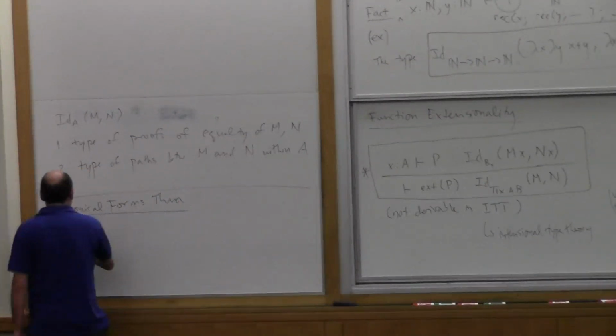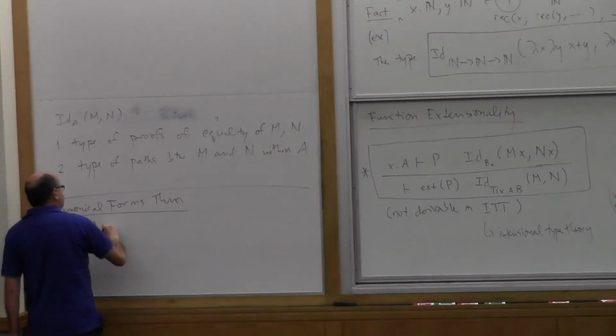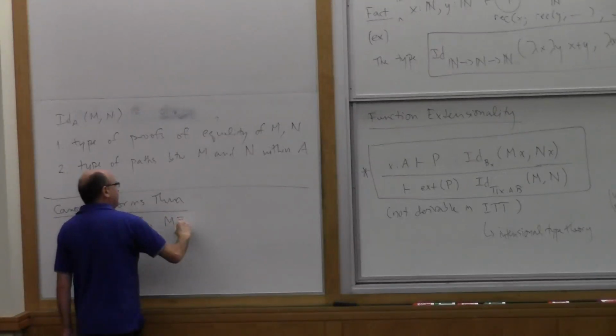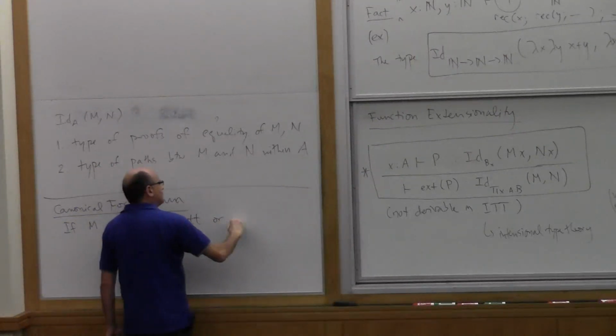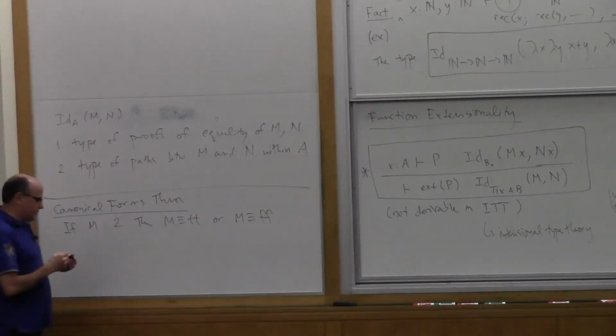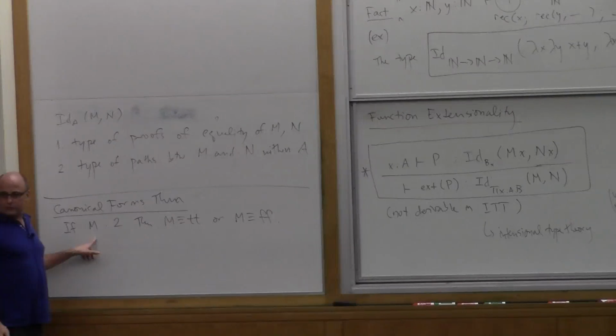For example, if M is of type 2 and it's a closed term, then it's definitionally either equal to true or false. This should make perfect sense, right? I should hope that the only Booleans are true and false, right? I should hope that there are not 3 Booleans, or some strange thing.